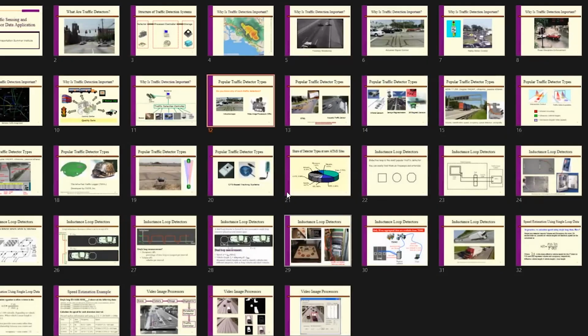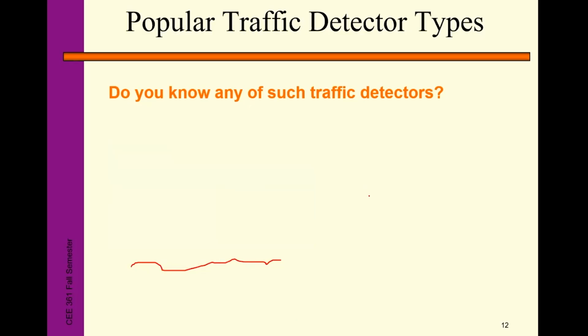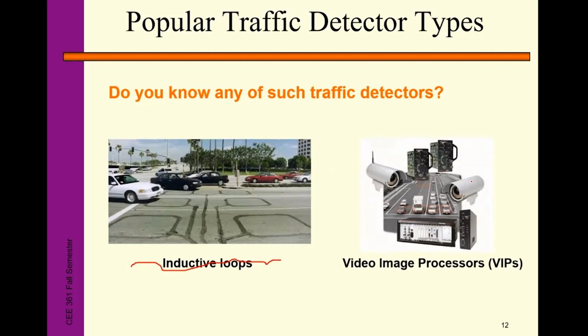Also you may see the cameras, right? At intersections or on freeway segments. Those are what we call video image processors. With a video image processor, we have the detection algorithm built within the sensor.